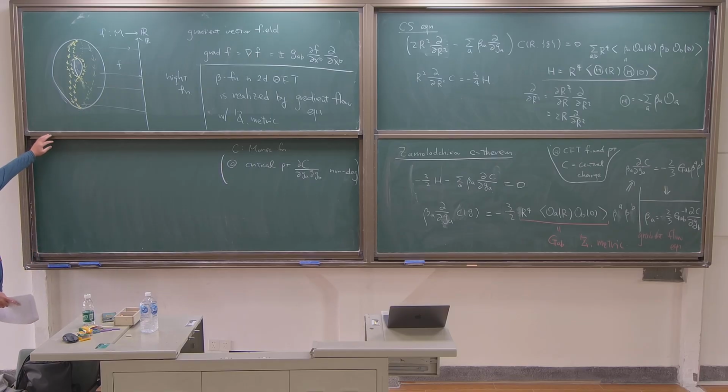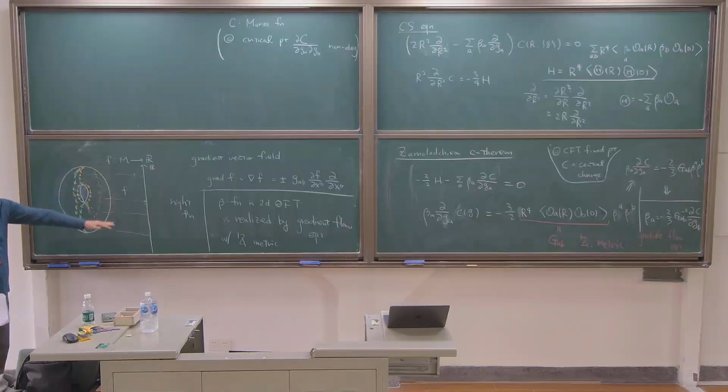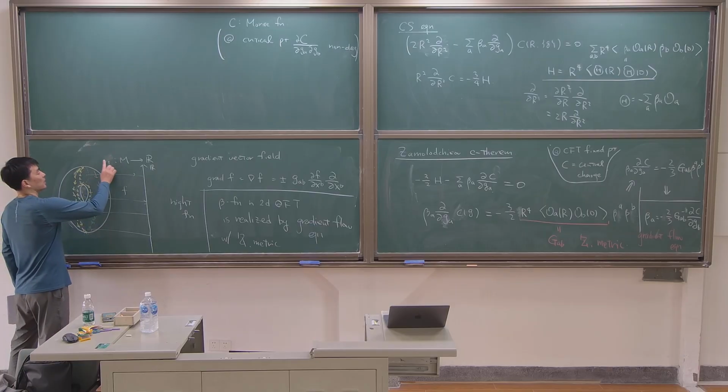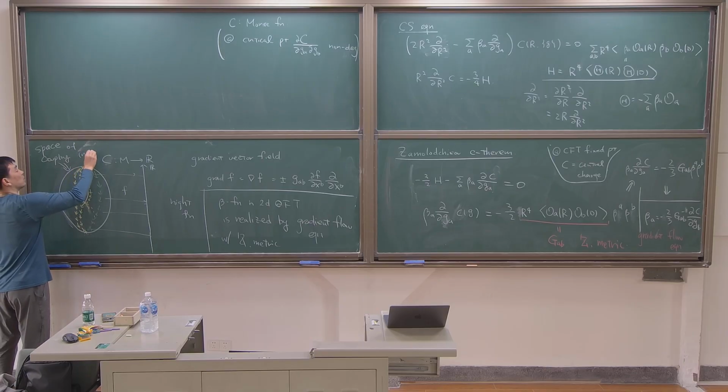This means that we can now consider the space of coupling constants, or relevant deformations, as a manifold, and c is a function on this space.